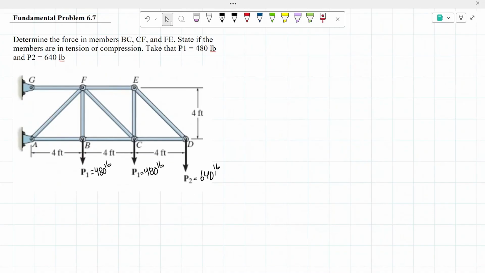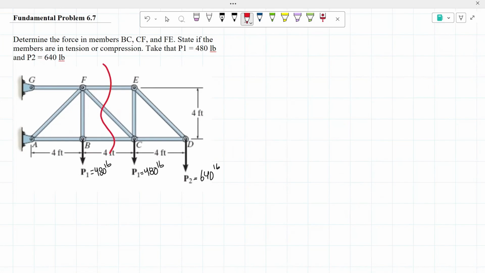To use the method of sections, usually you want to cut at a certain place or angle to be able to determine the bars that they are asking you to solve. So I'm going to do my cut right here.